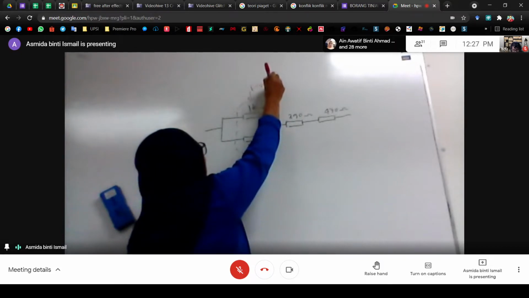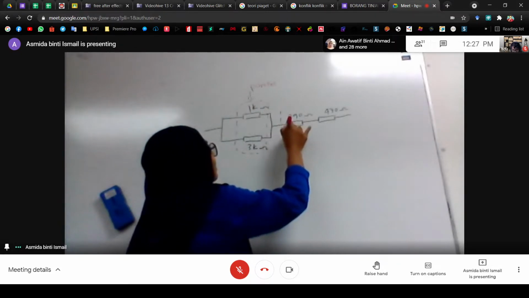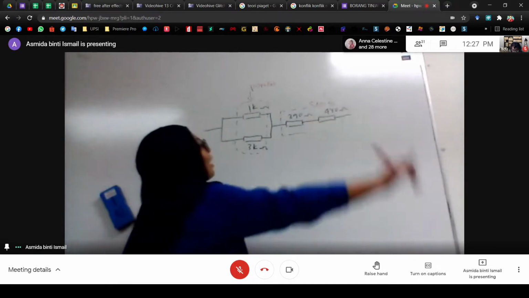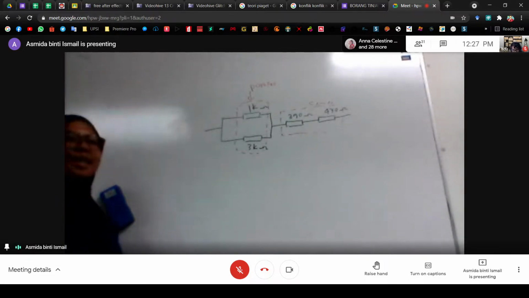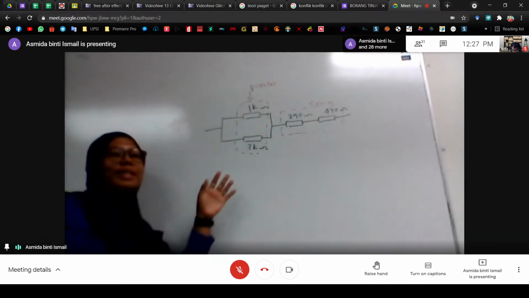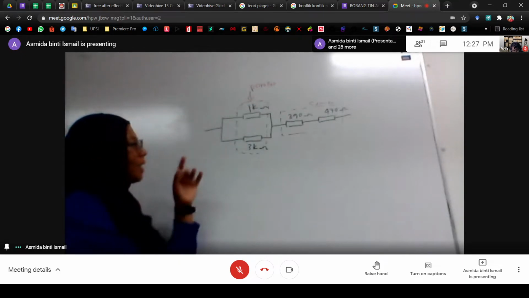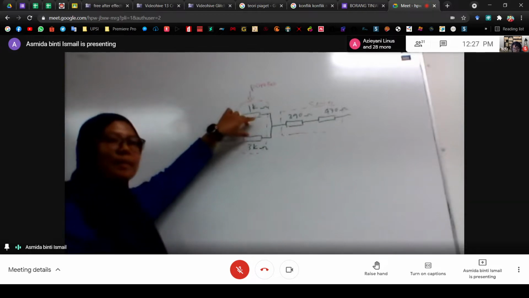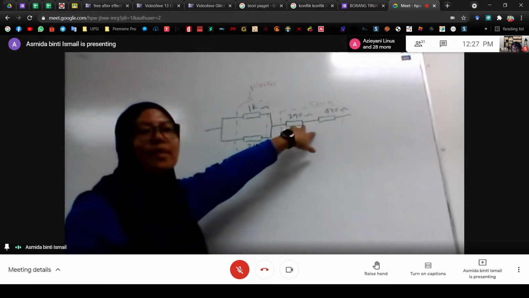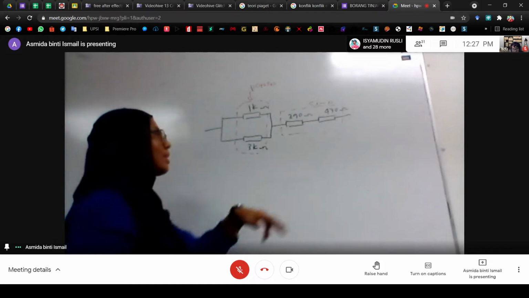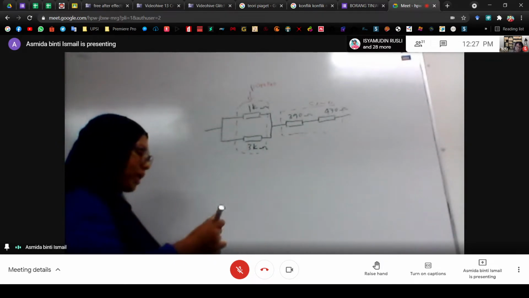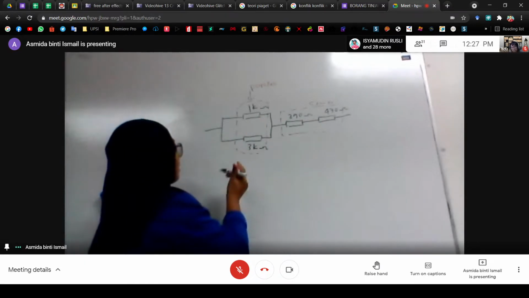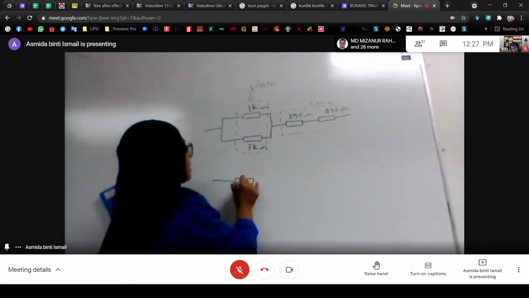This is parallel. This is series. Okay. From this circuit, we know that these two are connected as parallel, and these two are connected as series. So you can combine this one and this one, become one, like this.